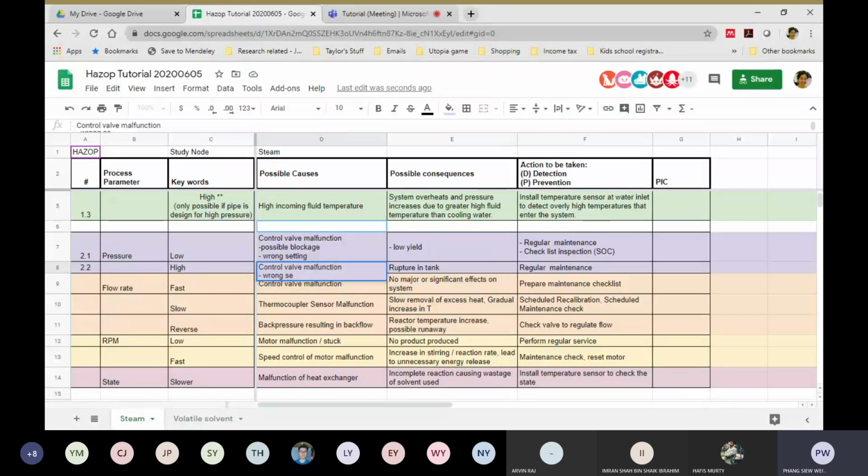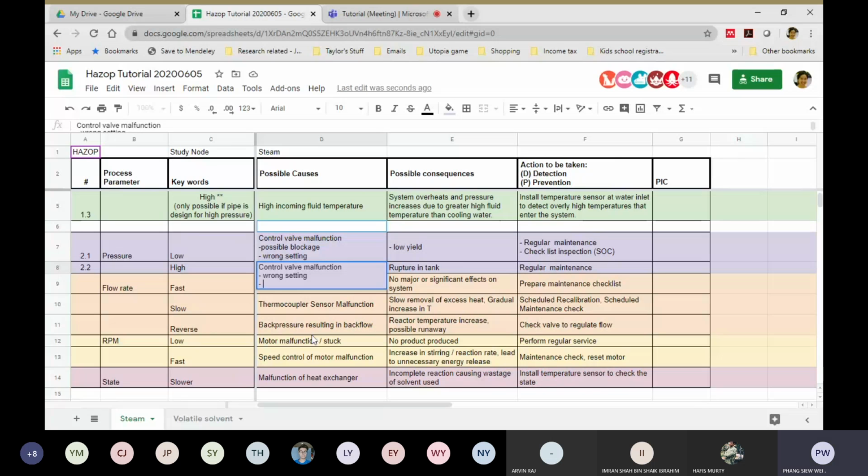Wrong setting is definitely one of them. Any other things that you can think of for high pressure? Or any other people in this group? We have like 11 or 12 of us here. Any other things that can cause high pressure?